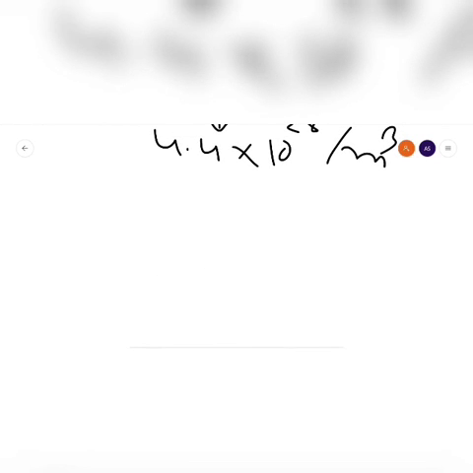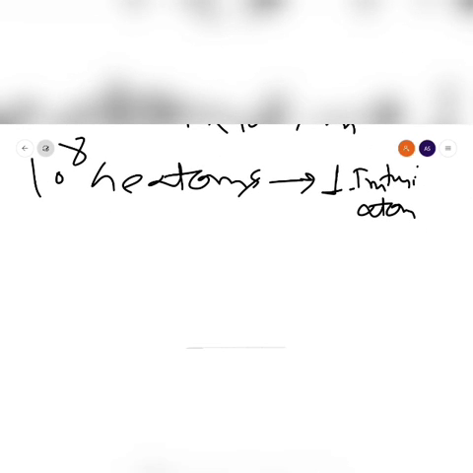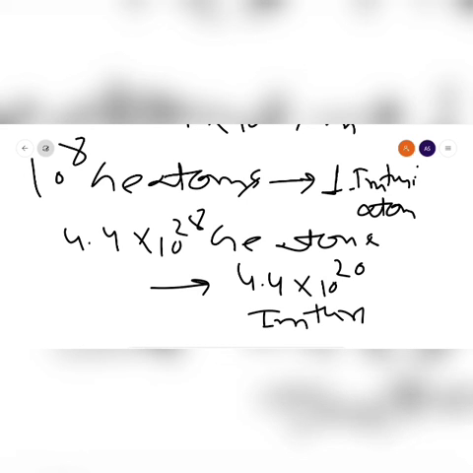It means that 10^8 germanium atoms require one impurity atom. So 4.4 × 10^28 germanium atoms require 4.4 × 10^20 impurity atoms.